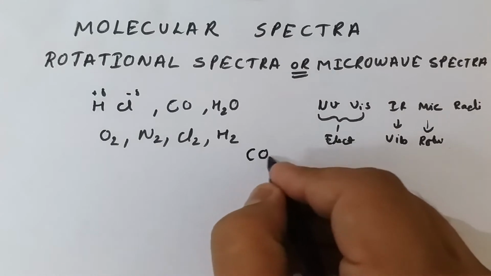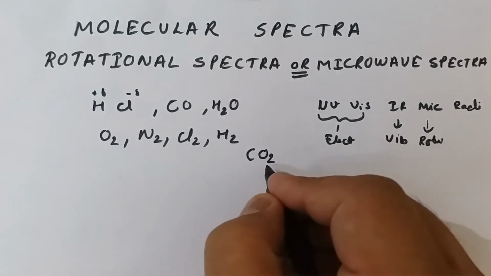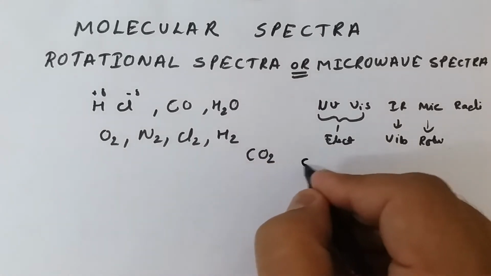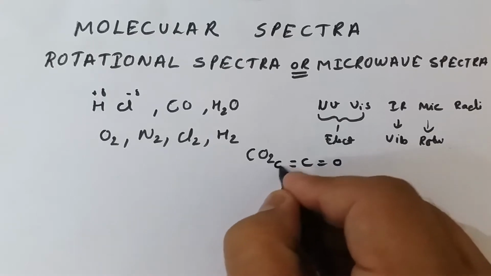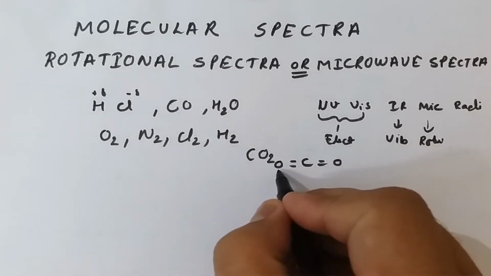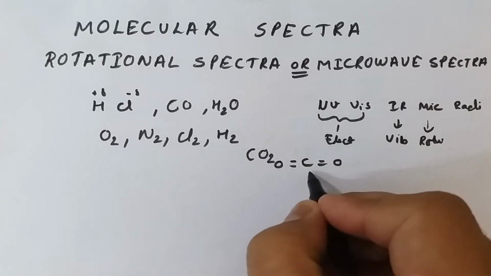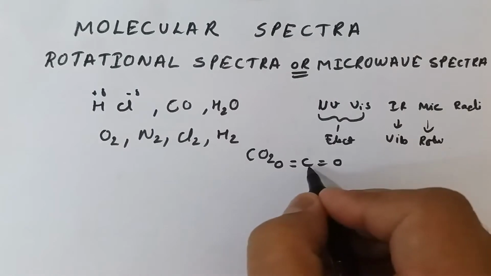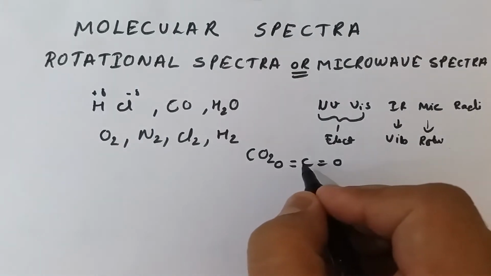Also, symmetrical molecules like carbon dioxide, O=C=O, have a dipole moment between each carbon and oxygen, but the resultant dipole is 0, and hence carbon dioxide will also not show rotational spectra.